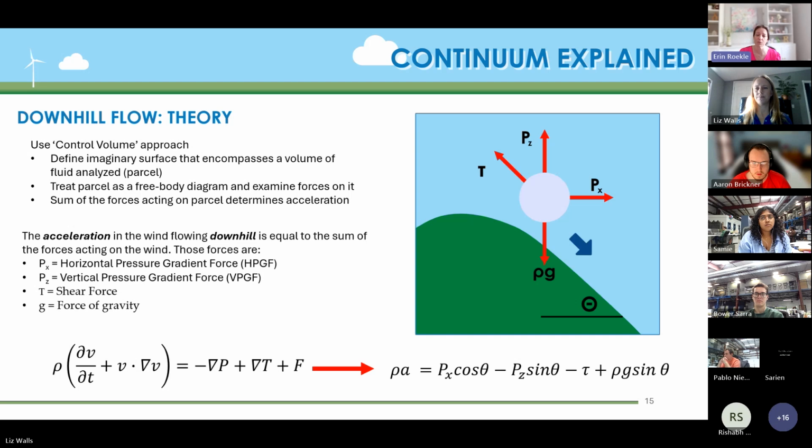And then this last term, gravity, is pulling it downhill as well, so that is also positive. On the other side of the coin, we have our vertical pressure gradient force and our shear force, and those are trying to pull our little blob of air back uphill. So those are going to be negative components within the downhill flow.